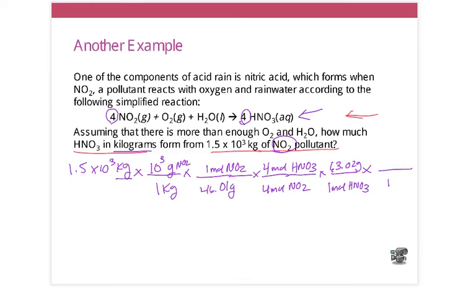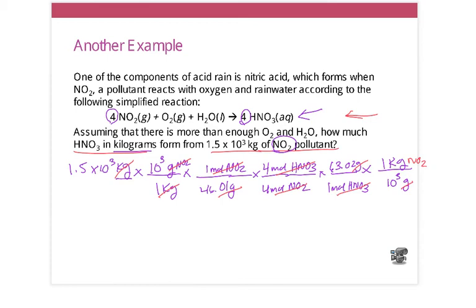We have 10 to the third, or 1,000 grams for every 1 kilogram, right? And so let us simplify. All right, our kilograms cancel out, our grams cancel out, our moles of NO2 cancel out, our moles of nitric acid cancel out, our grams of nitric acid cancel out, and we're left with kilograms of nitric acid.